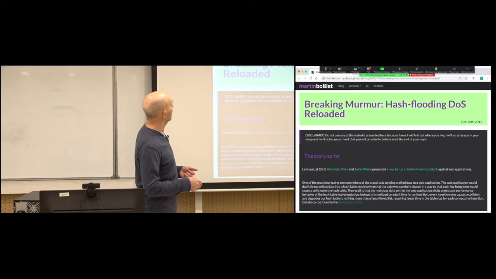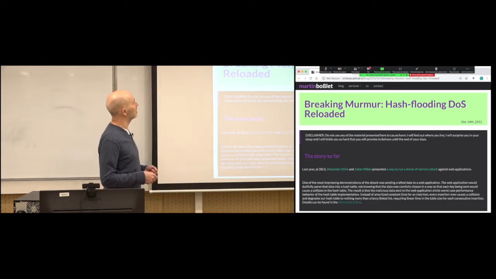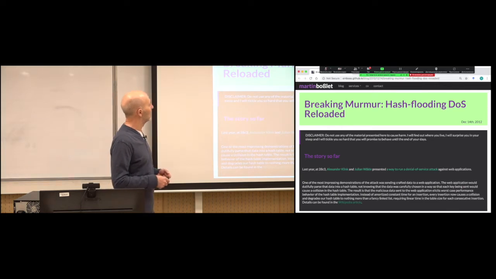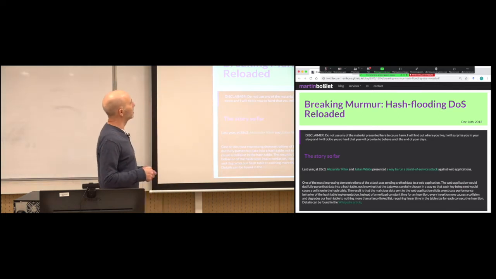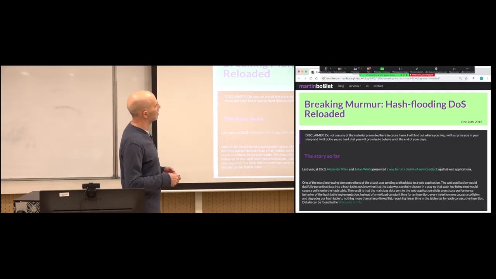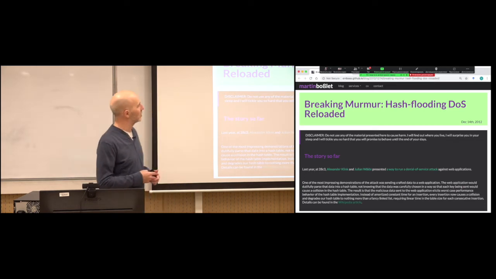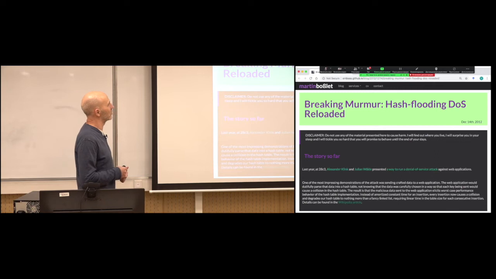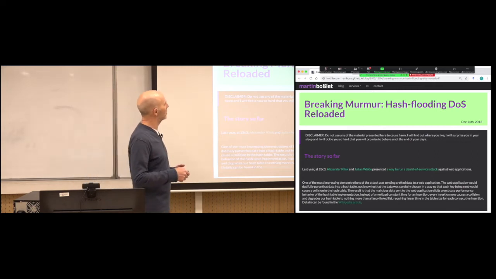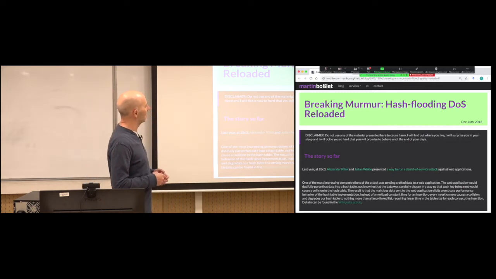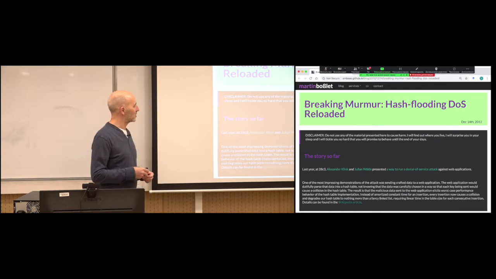I think I have another more practical example. Here is a web page that I found about breaking a murmur hash function. The murmur hash function is a popular practical implementation of a hash function, and on this web page the authors describe an attack.